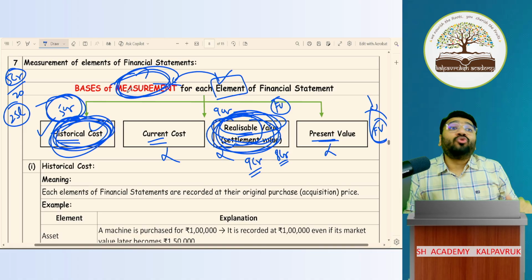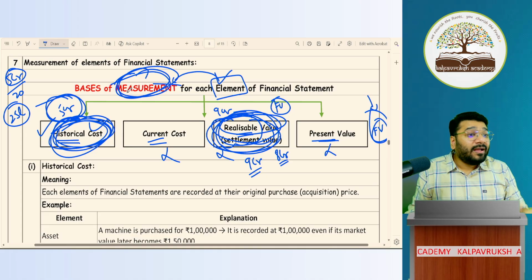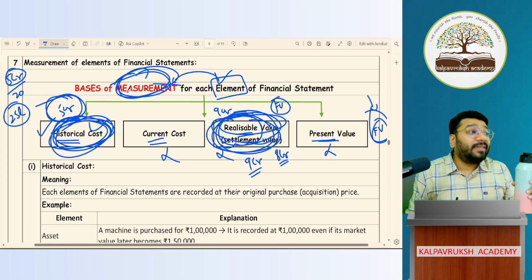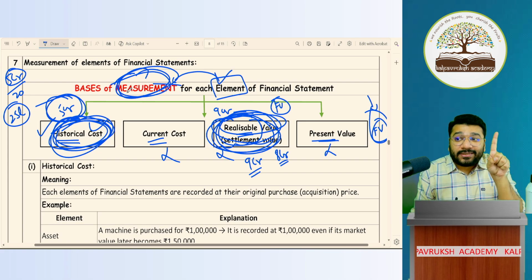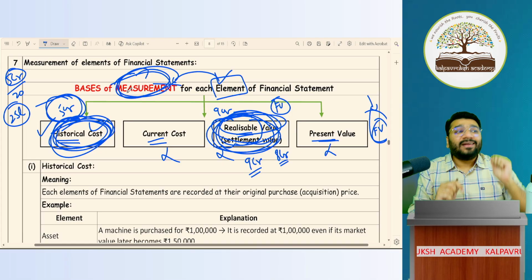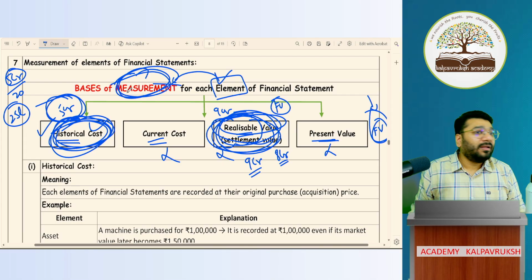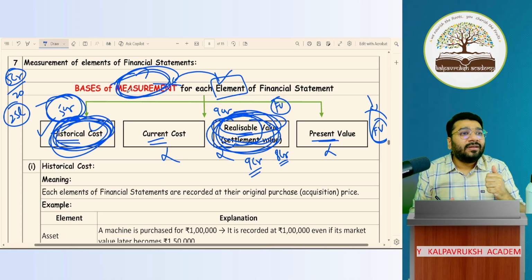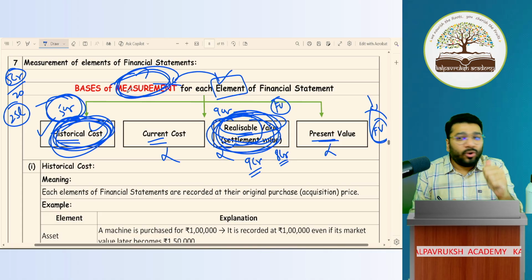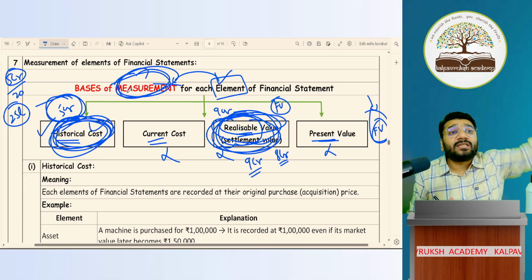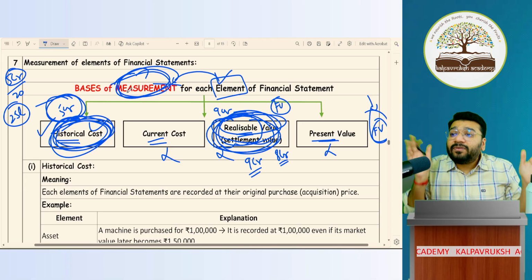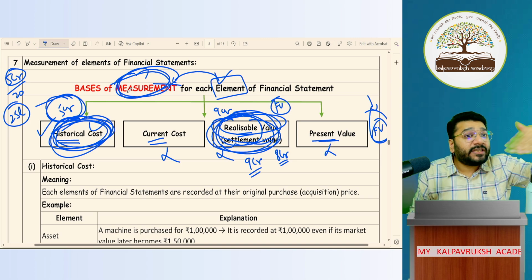If you see AS 2, which talks about valuation of inventory, what measurement technique is adopted there? Historical cost or NRV, whichever is lower. Where did this historical cost and NRV come from? ASB suggested this in the accounting standard because it was a suggestion given by the framework. The framework told that elements of the financial statements can be measured in any of these 4 methods.